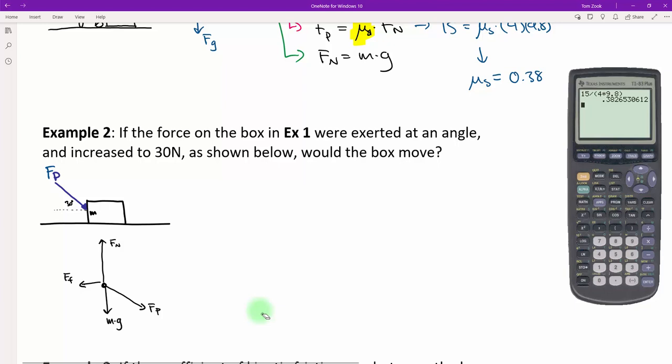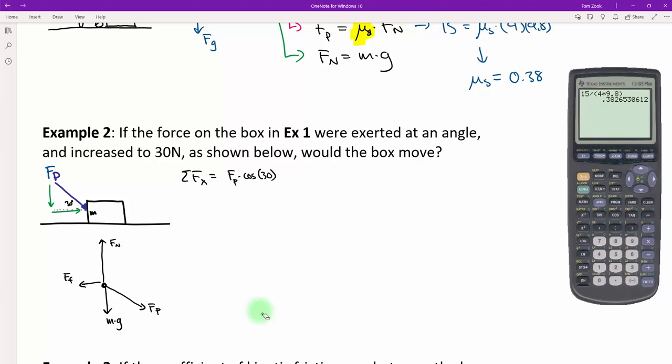Now, of course, in order to do some calculations, I've got a force at an angle to my coordinate system. So if the push force is going down to the right, I need to calculate how much is down and how much is to the right. And I'll use my sines and cosines for that. So let's set up some sigma Fx. Force going to the right, I'm going to have FP's cosine component.